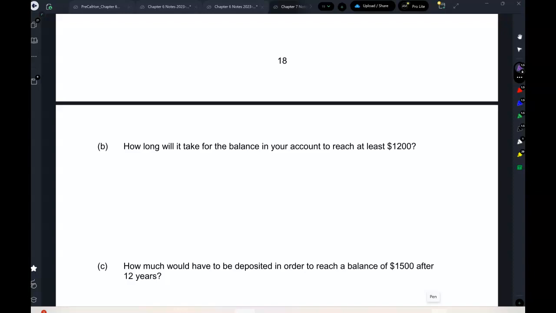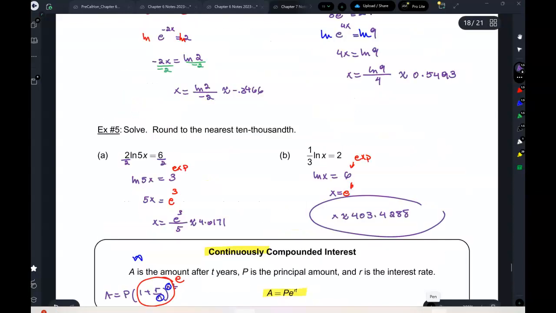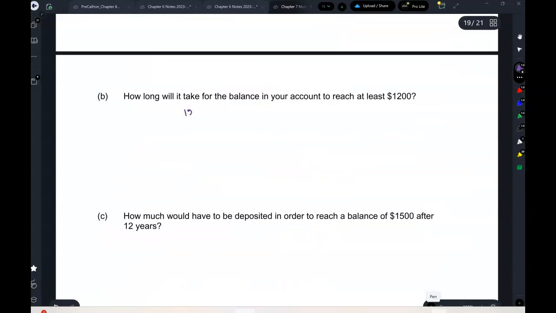Now we are no longer going to solve this using the graph. Okay? This is why I didn't want you guys to go ahead. We were solving this using the graph because we didn't know how to solve the equations before. But now we just learned how to solve logarithmic equations and exponential equations, right? So this is going to be 1,200 equal to 700 e to the 0.03t.